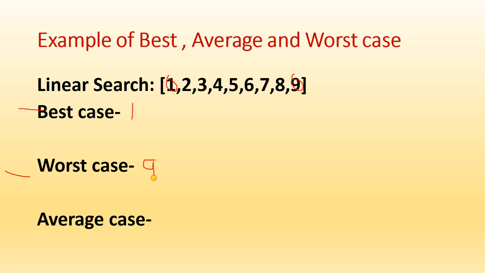Next is the average case. For this list, the average case will be the 5th one, because it is in the middle. This way you will know what your best case, worst case and average case are.